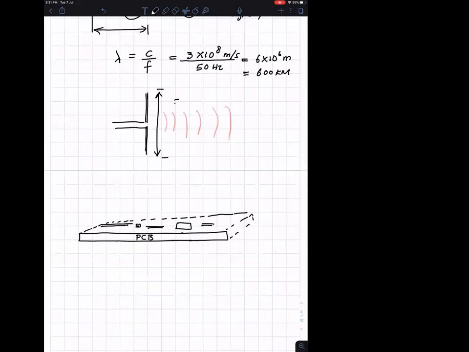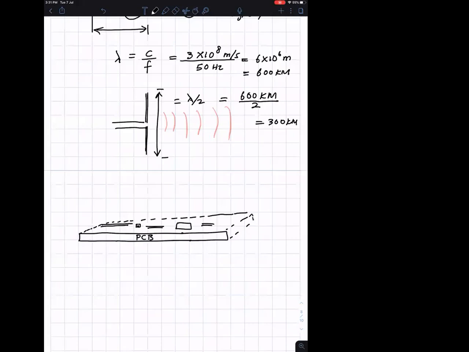The length should be half the wavelength. Let's say if you are transmitting a signal at 50 hertz, that means the length of this antenna for maximum efficiency should be 3,000 kilometers.